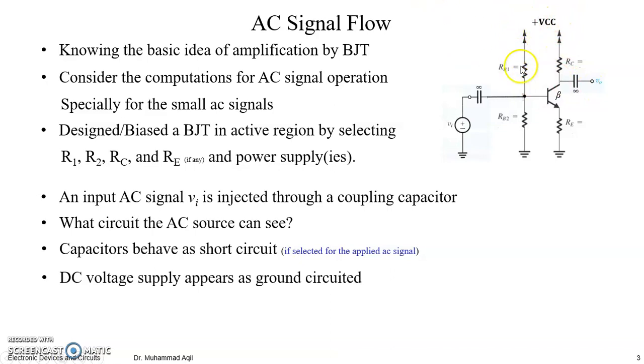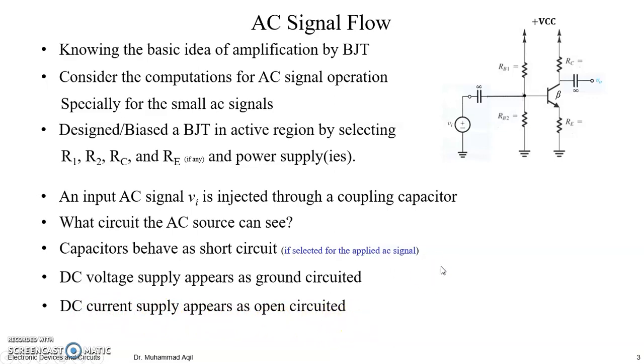In fact, for this input AC signal, this terminal is behaving as a signal ground, right? And how about a DC current supply? If we had a DC current supply or DC current source here, it appears as an open circuit.